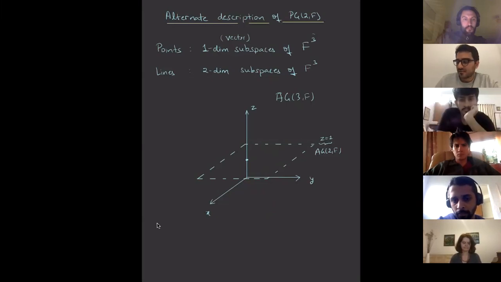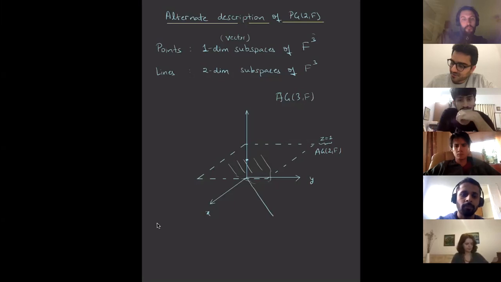And in fact, the subspaces which lie here correspond to the points at infinity. Let me try to just draw it in a nice way. If you have a line here, then it corresponds to, we just artificially say that the point at infinity where all of these lines meet corresponds to this one-dimensional space.